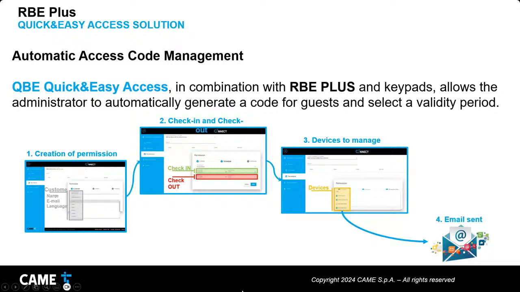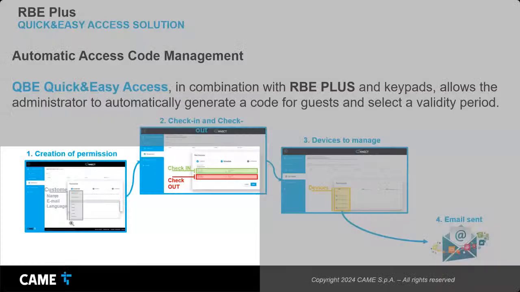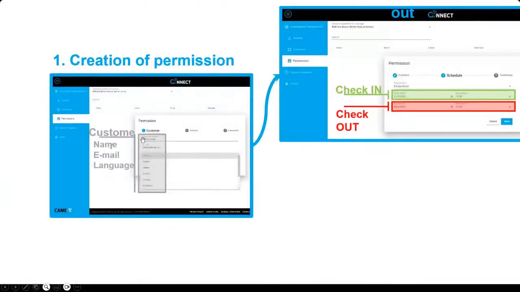So what happens? Let me enlarge a little bit. The administrator can go into the permission tab of the Connect platform. So this is the web app, and can create a new permission, choosing the language of the text message that will be sent to the temporary guest.